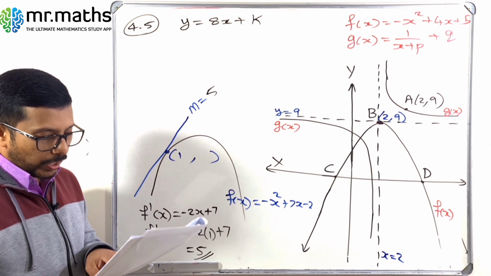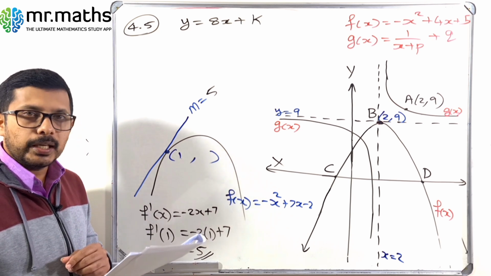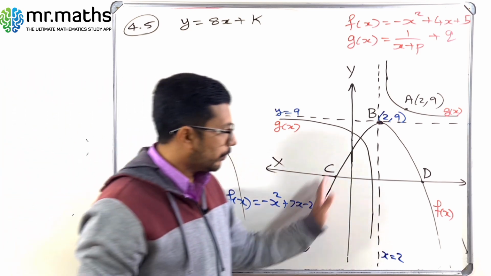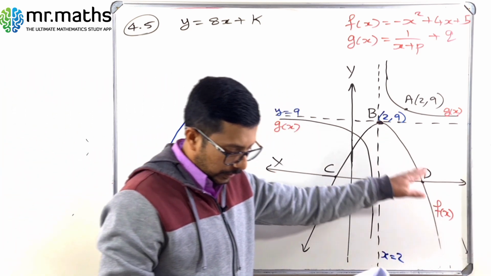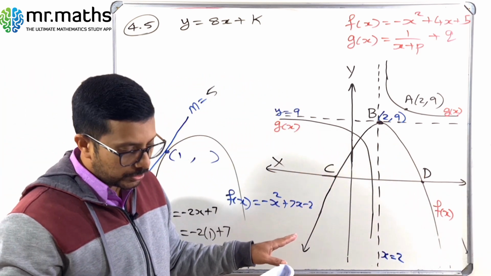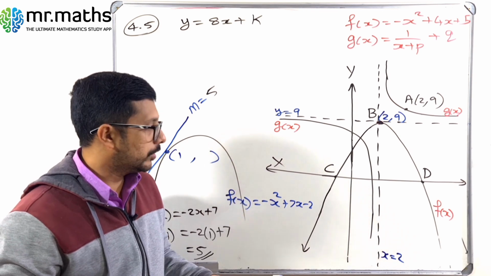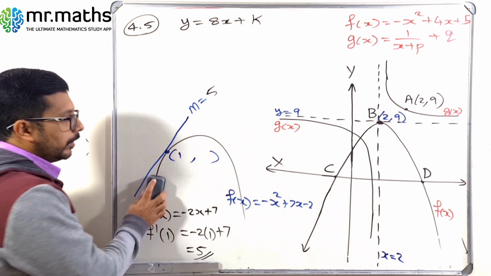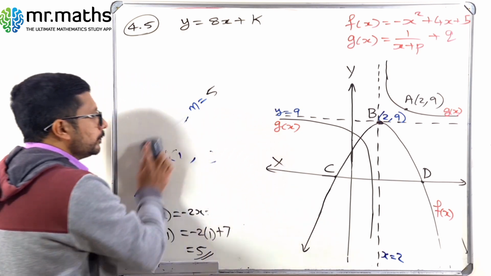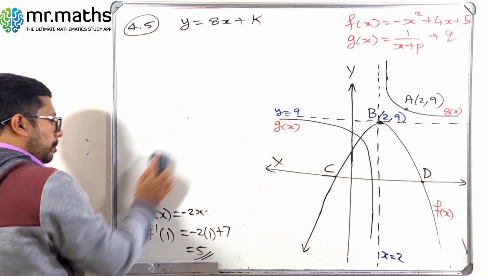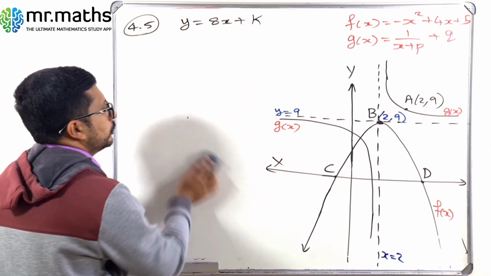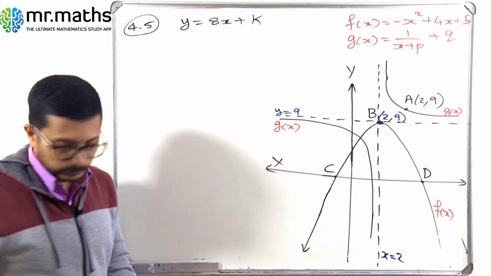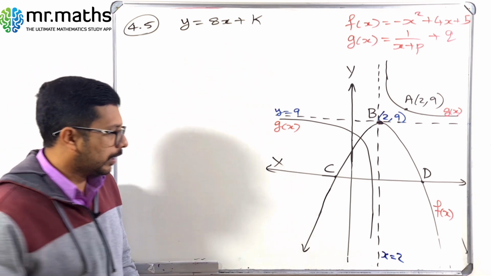Now look at our given question. The tangent y is equal to 8x plus k. So for this f of x graph, there is a tangent somewhere. I don't know where that tangent is, so let me mark a point somewhere, just for you to understand. Let me mark here.